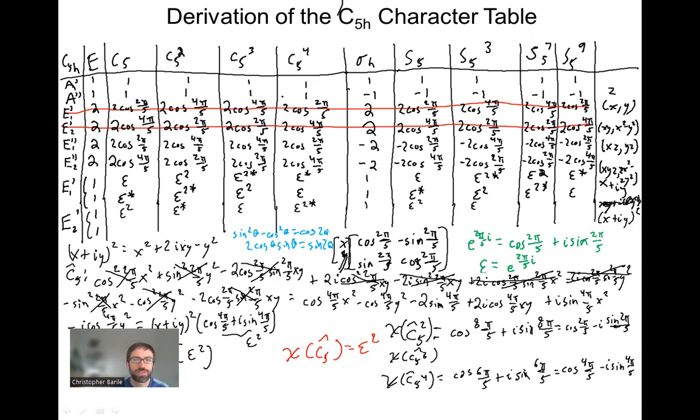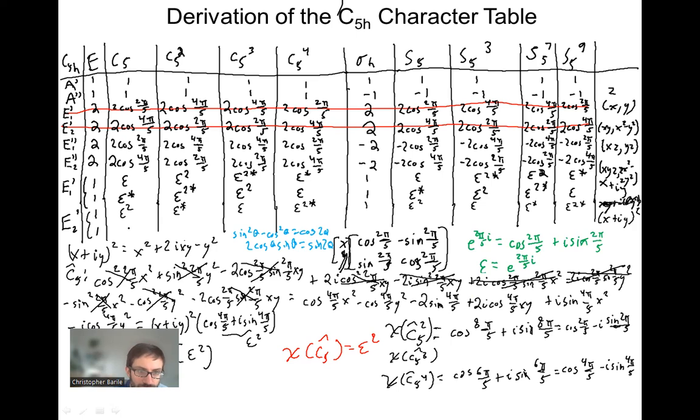So this is going to transform the same way under this function, at least, as a C52. So we're going to get the complex conjugate of epsilon. And lastly, by the same logic, this is going to be the same as C54. So we're going to get the complex conjugate of epsilon squared.